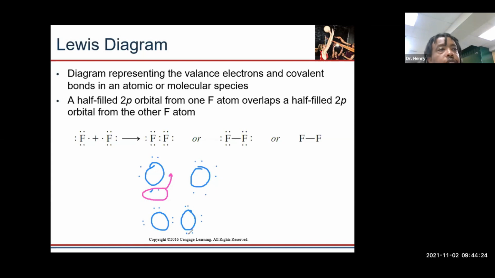So then that would give me 6 around this one if we were sharing those 2 electrons. So that's 2, 4, 6, 8 around this one, but this guy would only have 6. Now we want to try to get it so that it has 8 around both. So that means that we're going to have to actually take 2 from this guy as well, and share. So that'll be a total of 4 electrons that are going to be shared. Okay, so in that case, let me draw what that's going to look like.